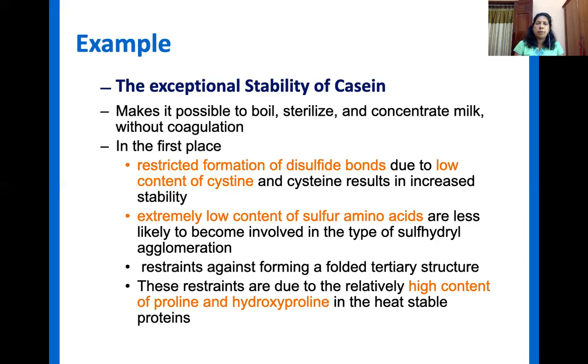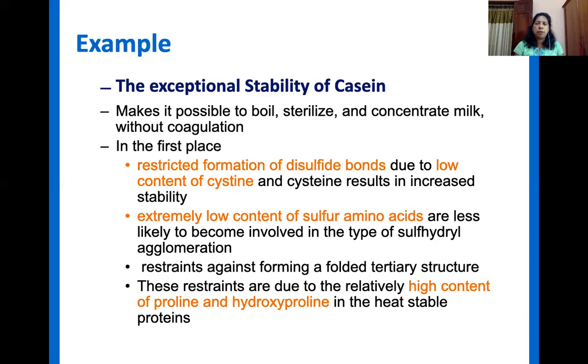Therefore, if you go through the amino acid content of milk and fish, egg and meat, you can understand that the amino acid composition is totally different in milk compared to other things. So milk protein is different from the muscle proteins, and that is why the stability is there, the high content of proline and hydroxyproline. Those are also heat stable proteins.